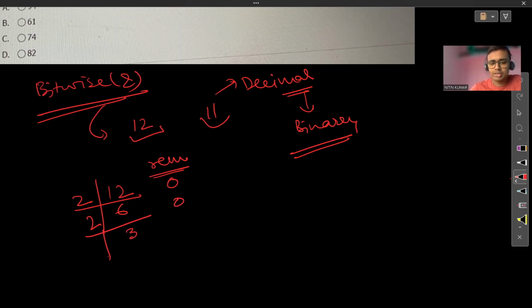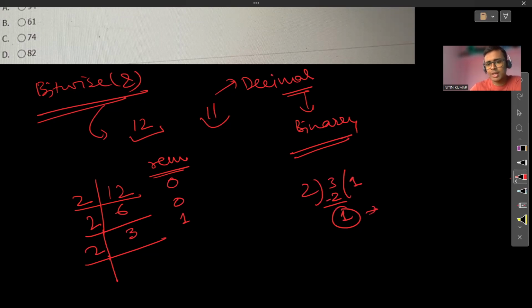Again divide by 2: when I divide 3 by 2, the remainder is 1 and the quotient becomes 1. Now we stop, because the quotient has become 1.